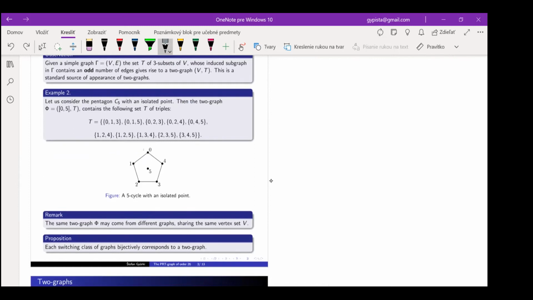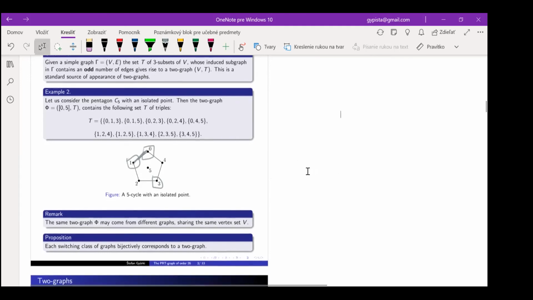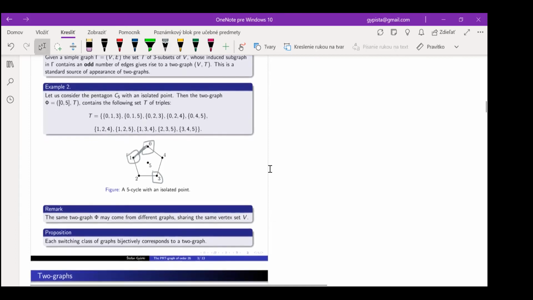But if we take vertices 0, 1, and 3, then on the induced graph there will be precisely one edge, and this is an odd number. So the triple 0, 1, 3 will be a triple in the two-graph, and so on. We will obtain all the triples which we need to put into the two-graph. So I hope this is quite clear.